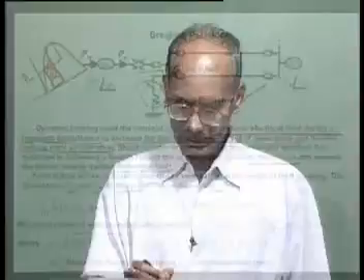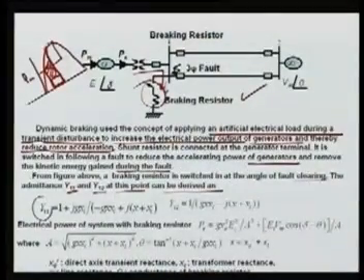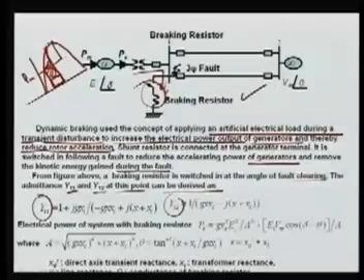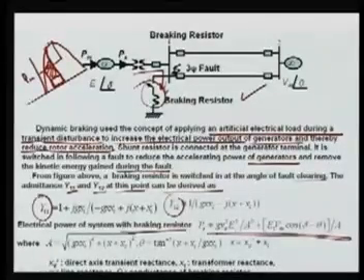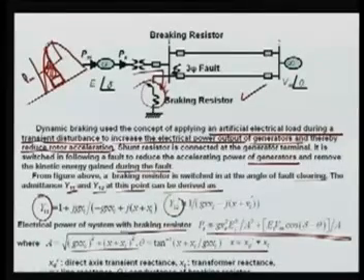At this bus we can form Y11 and Y12, get the seen impedance at this bus, and then the electrical power of the system with the braking resistance can be calculated by this equation, where A will be this. It can be mathematically solved, and we should not go into the complex mathematical derivations.